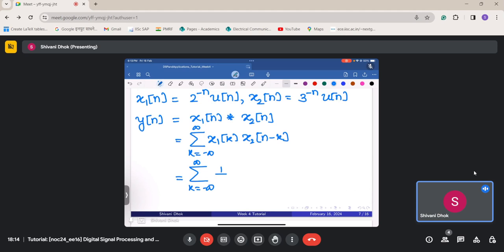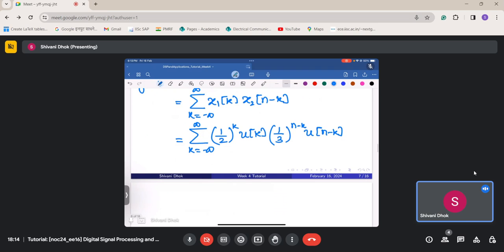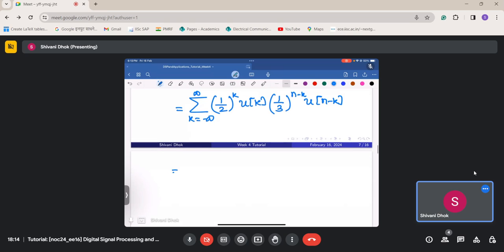So I can write this as 1 by 2 to the power k into u of k into 1 by 3 to the power n minus k into u of n minus k.